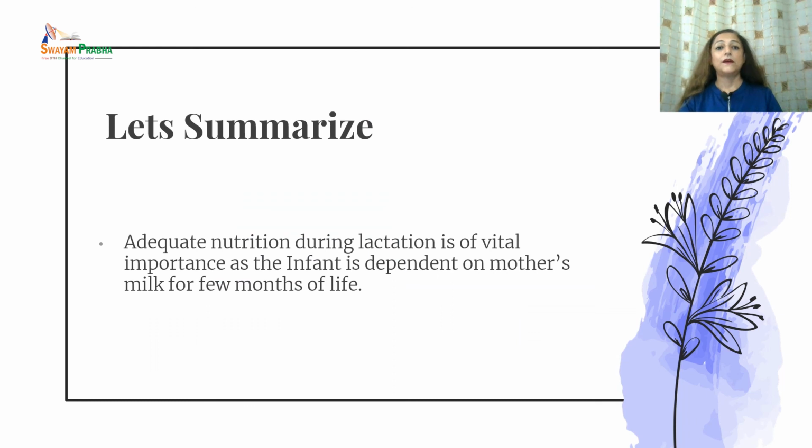Now let's summarize what we have studied in this lecture. We have studied that adequate nutrition during lactation is vital for the mother as well as the child's health, as the infant is dependent upon the mother's milk for a few months of his initial life.